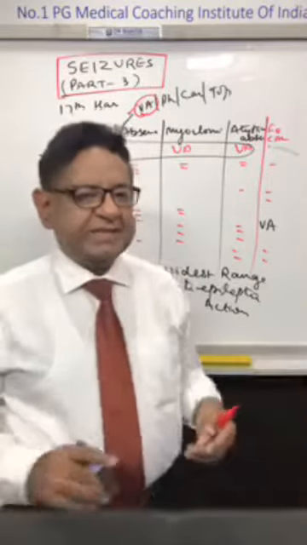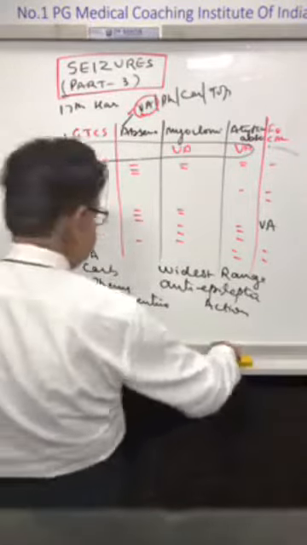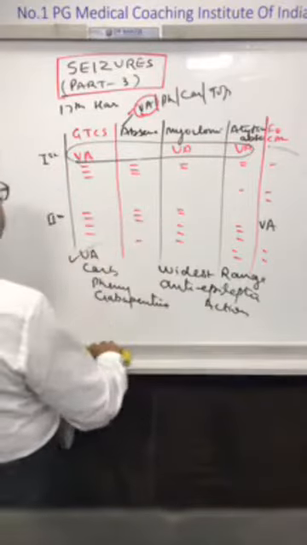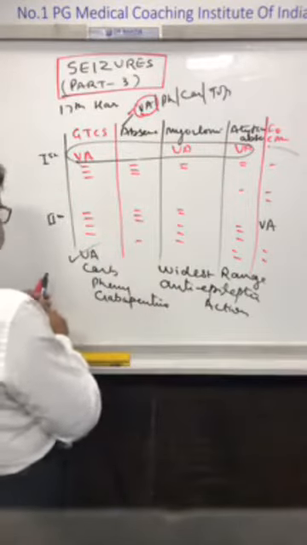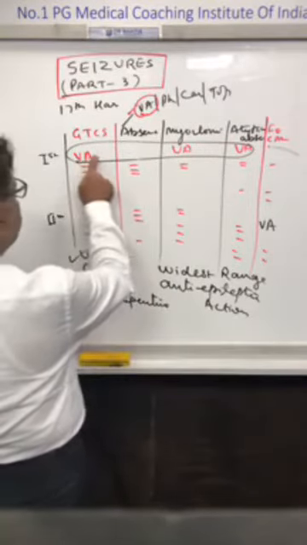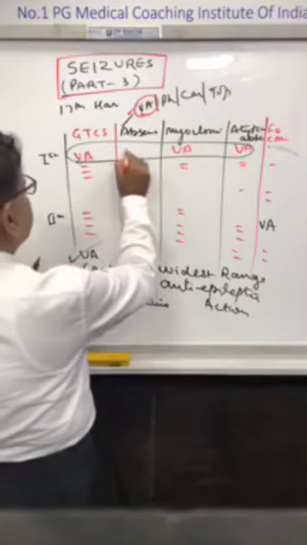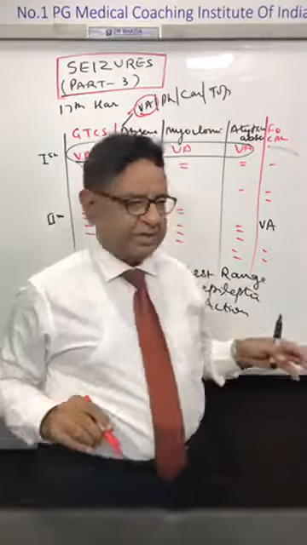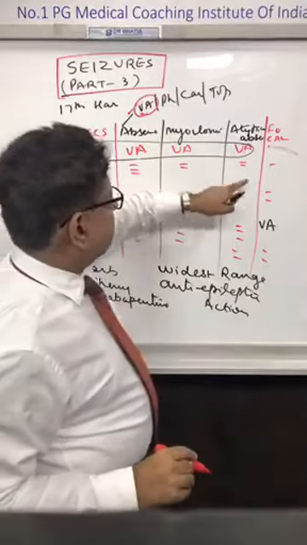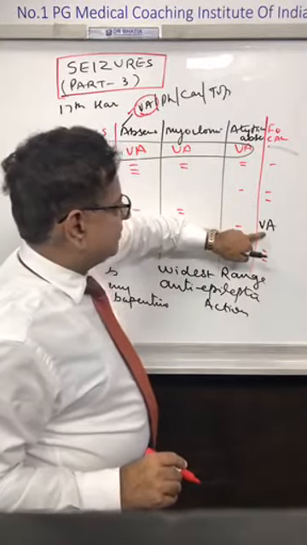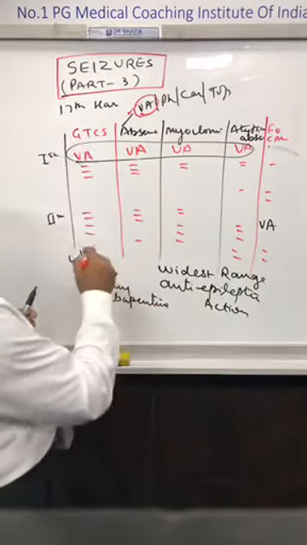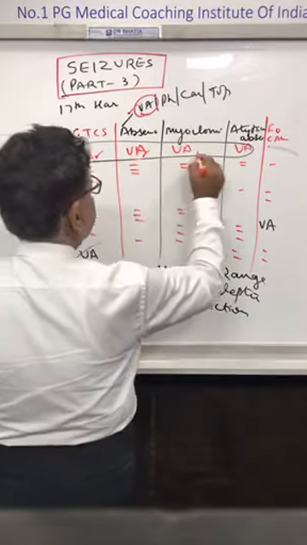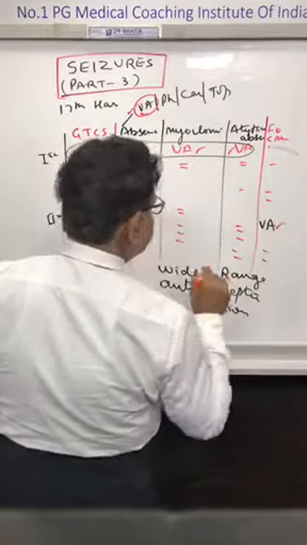Now the 19th edition has come. What change has been done? Valproate was in the 17th and 18th editions, and in the 18th edition valproate came here. In the 19th, valproate is here only.